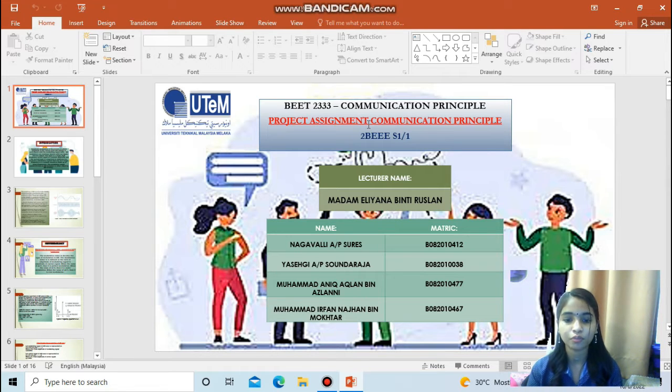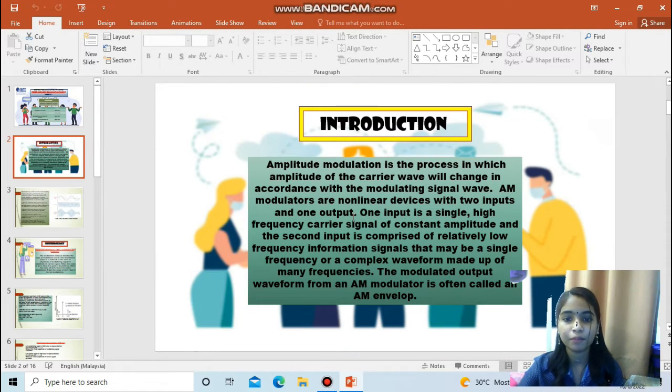Firstly, I'm going to present the introduction part of our topic, amplitude modulation. Amplitude modulation is the process in which the amplitude of the carrier wave changes in accordance with the modulating signal wave. AM modulators are non-linear devices with two inputs and one output.